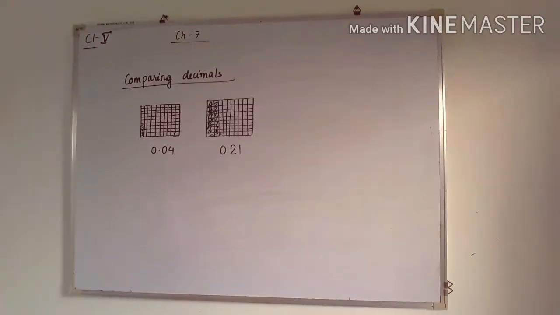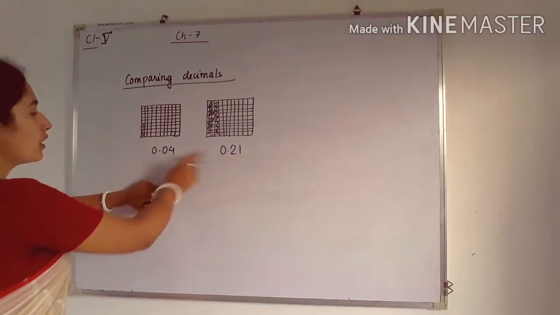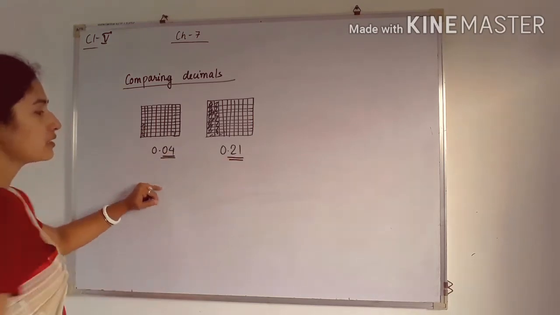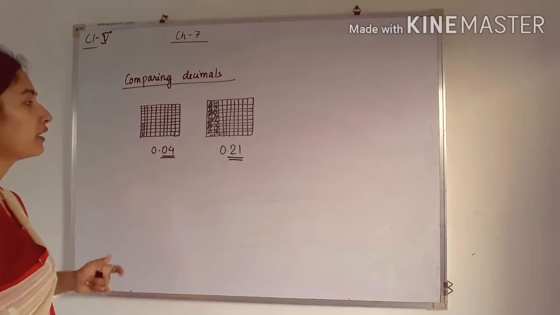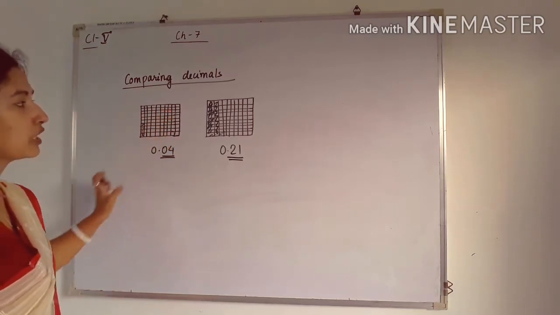Okay, so the next topic is comparing decimals. So how to compare decimals? See, first of all, you have to check that they are like decimals. You can see in this case, this is 0.04, this is 0.21. They are like because the number of digits after the decimal point is the same. So which one will be greater? You can see the diagram in which I have shaded the most.